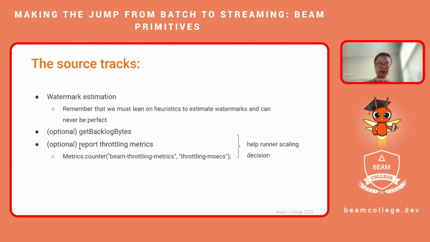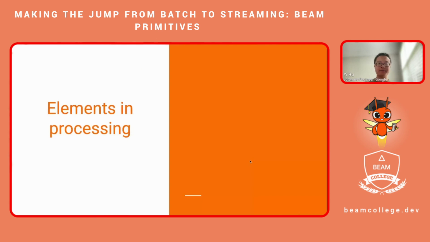That is, the source or any DoFn can report a throttling metric, and the runner can act on this as back pressure and try to scale down if too much time is wasted on throttling. So the source tracks the watermark and also some metrics that help the runner with the scaling decision.